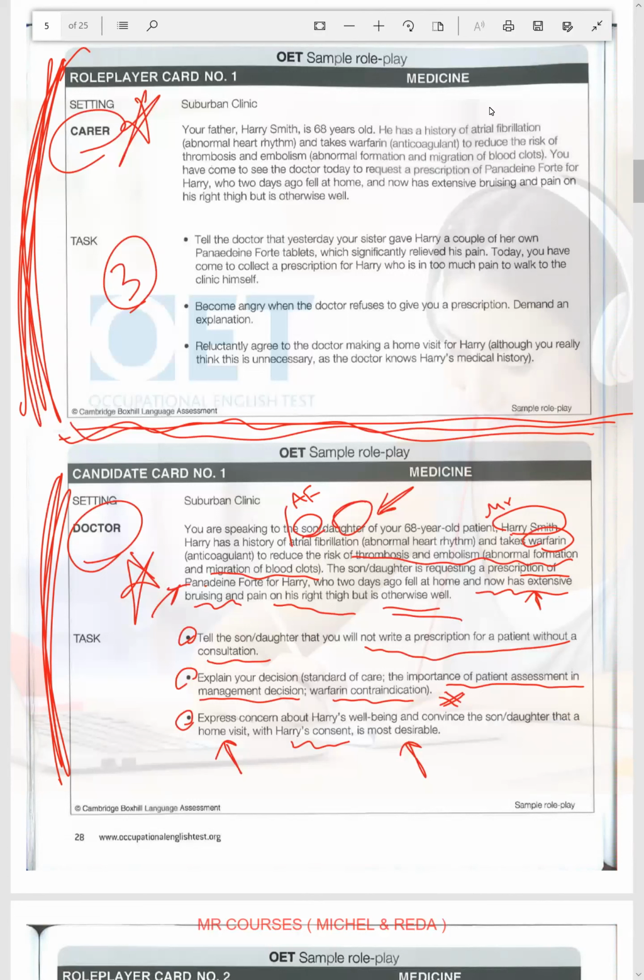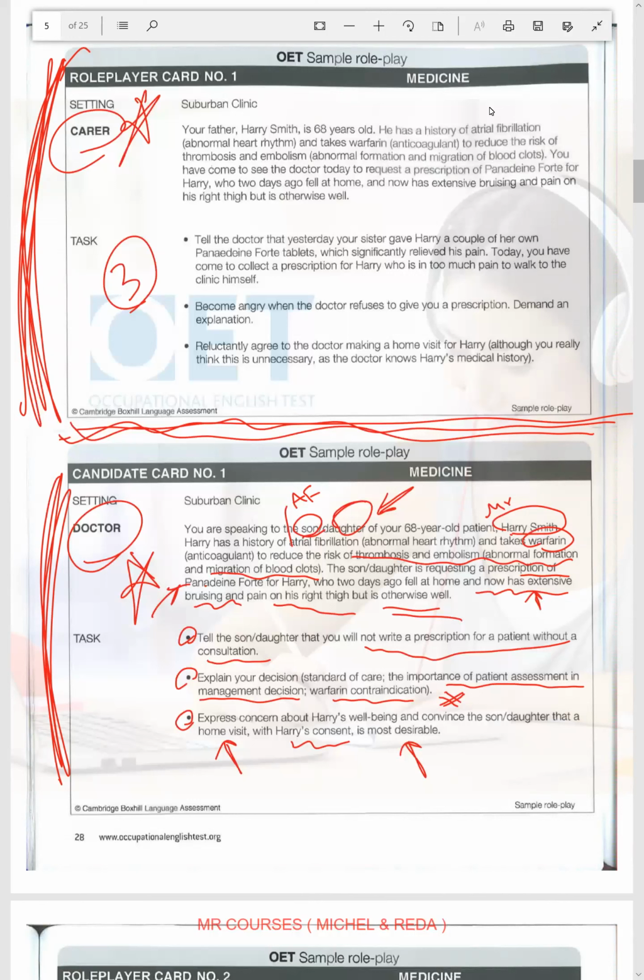As you know, my father has a history of atrial fibrillation for which he was prescribed warfarin. So my sister gave him a couple of her own Panadol tablets just to relieve some pain. So I came here so that you can prescribe medications for him.